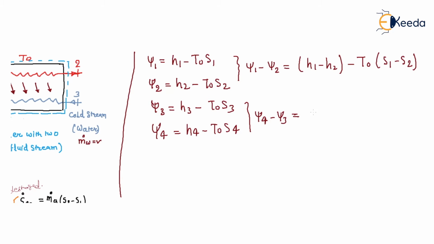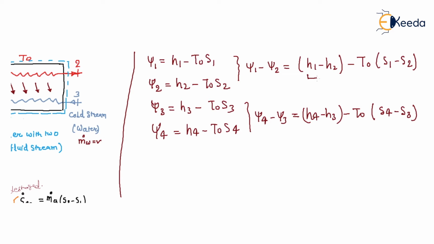Phi 4 minus phi 3 is H4 minus H3 minus T naught (S4 minus S3). So phi 1 minus phi 2, what is that? This is for air.